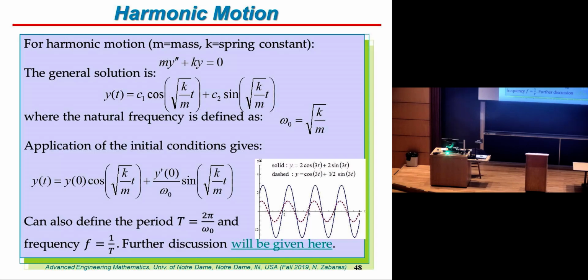Just imaginary, right? So that exponential we had before doesn't exist. And what we get is cosines and sines. And you can see, if you drop the m on the other side, the solutions are plus minus square root of k over m, and k over m is the natural frequency. And if you put initial conditions y of 0 and y prime of 0, then a general solution looks like this.